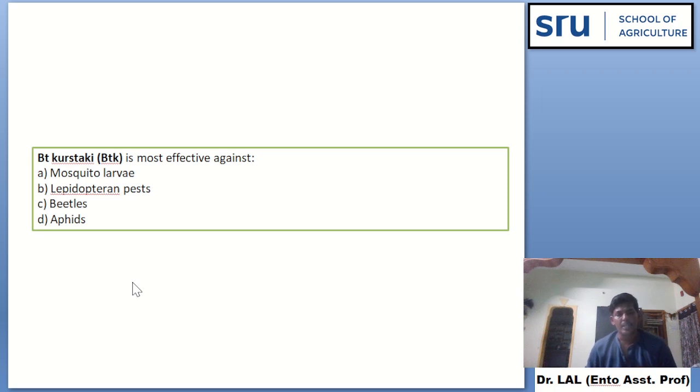Bt kurstaki is most effective against mosquito larvae, lepidopteran pests, beetles, or aphids? Here the correct answer is lepidopteran pests. Bt kurstaki is most effective against lepidopteran pests.